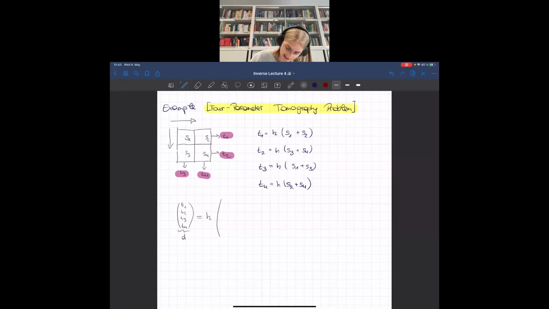So for the first line, we have 1 and 1, and then 0, 0. Then we have 0, 0, 1, 1, 1, 0, 1, 0, and 0, 1, 0, 1, multiplied with all the s. And yes, h is just a weight.